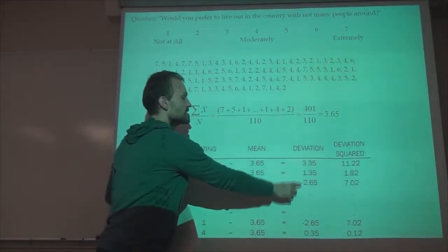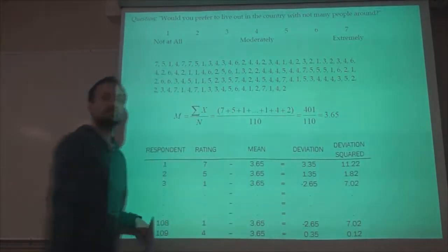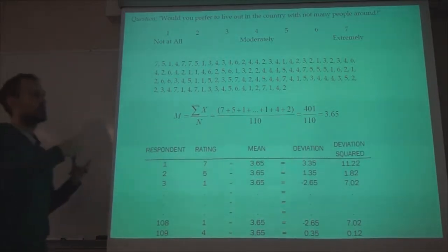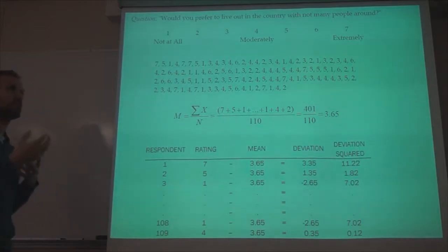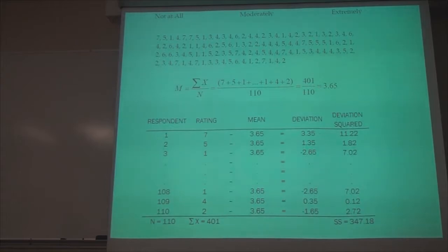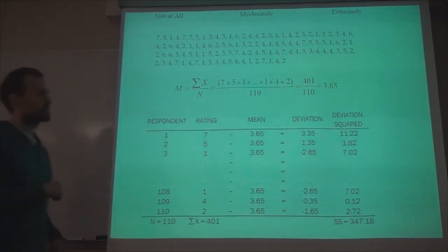So I want to take all these deviation values and average them out, take all the differences between the actual scores and the mean value, to give me an idea of the average deviation. But the problem is that if I do that, the positive and negative numbers will cancel each other out, and I'll get a false impression of how much deviation there actually is.